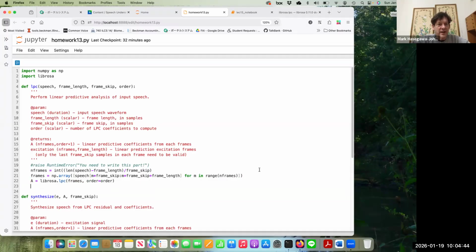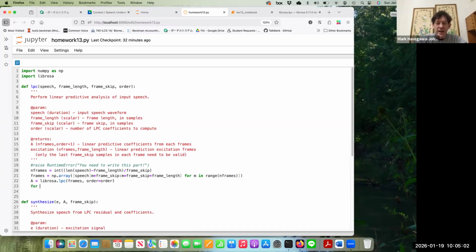Now we want to create an excitation signal, which is n frames rows, and each frame is the frame length samples. And only the last frame skip samples need to be valid, so we can skip the first 10, which is good because we're going to create each sample by looking at the 11 previous speech input samples.